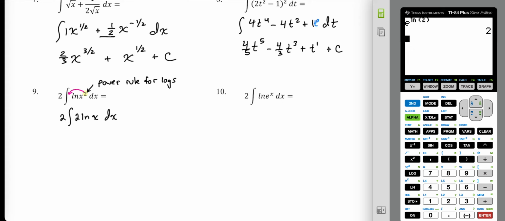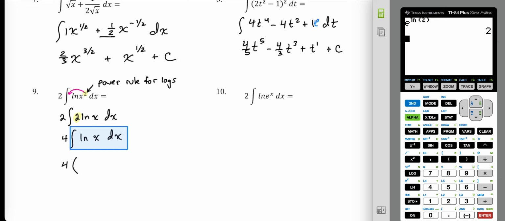Now that 2, the one that's the coefficient of the log, can now be factored out and multiplied by the 2 on the outside. And so we're at the point here where all we would need to do is find the antiderivative of the natural log of x, which at this point is just a rule.